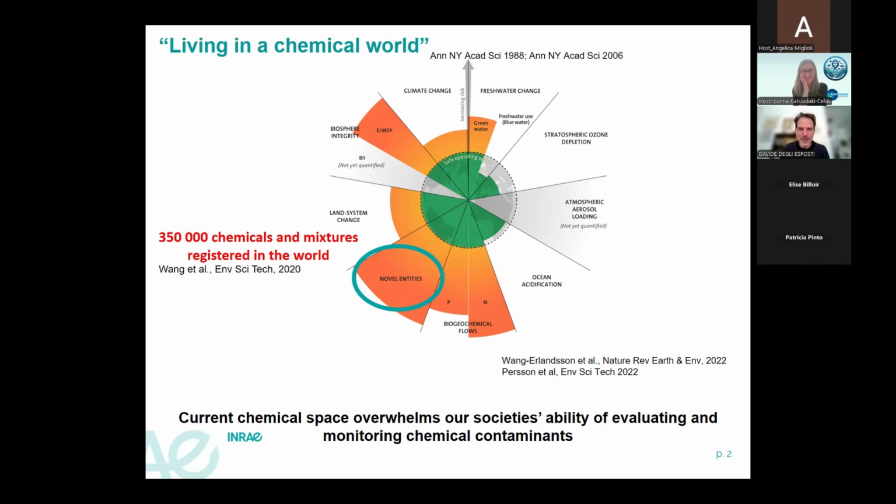But when we take the framework of the planetary boundaries, it's important to note that this chemical contamination, identified as a potential danger for human health in the 70s and for biodiversity in the decades after, is so huge that the capacity of our societies and even the scientific communities is overwhelmed in terms of evaluation.